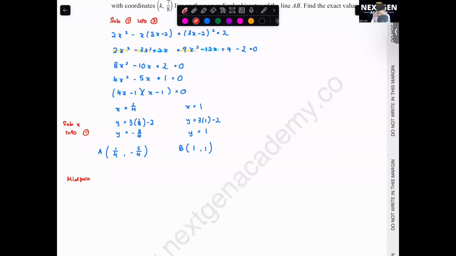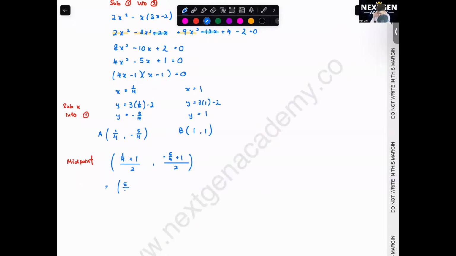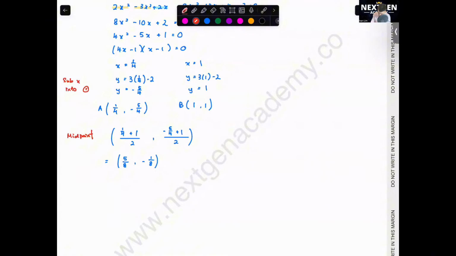Midpoint of AB, which will be 1 over 4 plus 1 over 2, negative 5 over 4 plus 1 over 2. We will get, right at the bottom here, 5 over 8, minus 1 over 8. Next one, I'm going to find the gradient of AB.